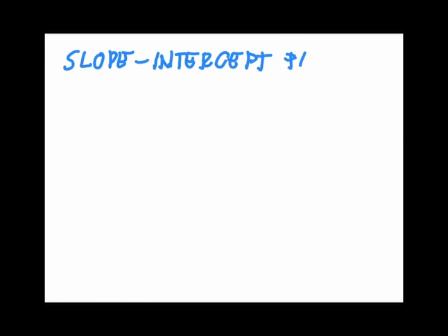We'll now look at the overview of the slope-intercept form of the line. Let me write here slope-intercept form of the equation of the line.